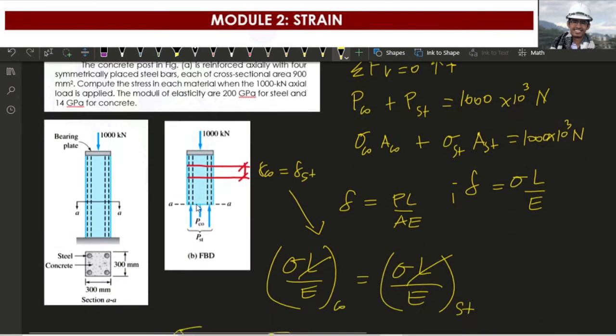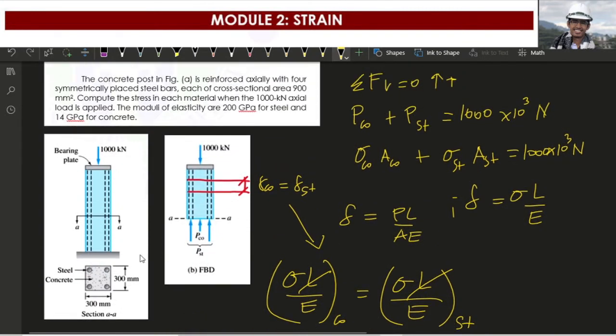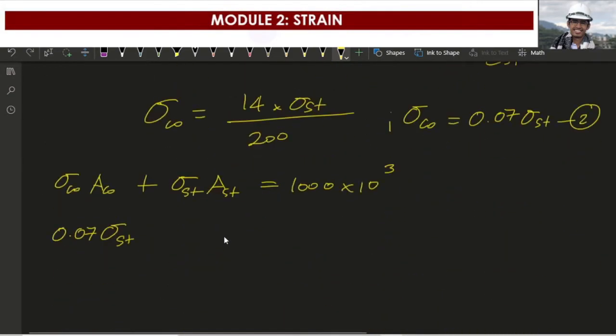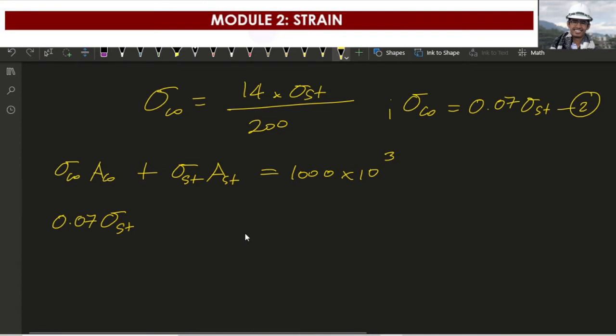Okay? So meron tayong 4 reinforcing steel bar with an area of 900 each. So i-less natin yung area ng steel. So for area ng concrete, that is equal to 300 by 300 minus yung area ng steel.